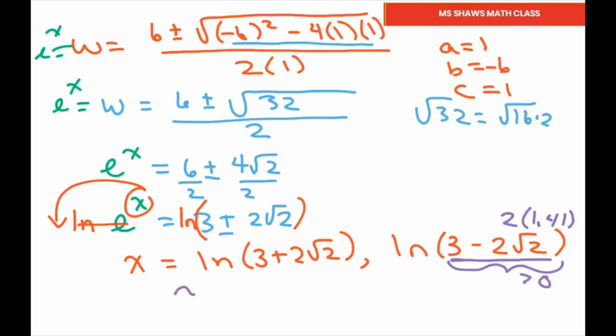If you want approximate values, this would be approximately 1.763, and this would be approximately negative 1.763. And that would be your solution set.